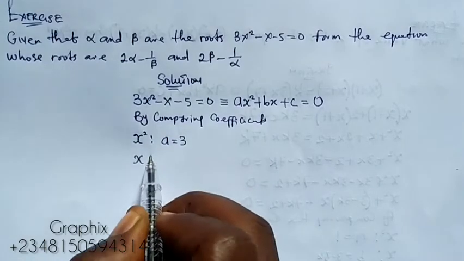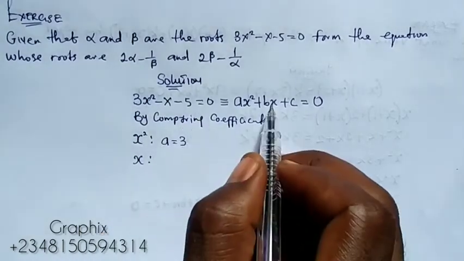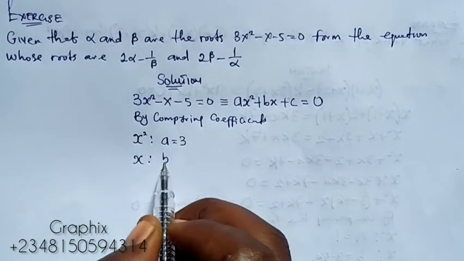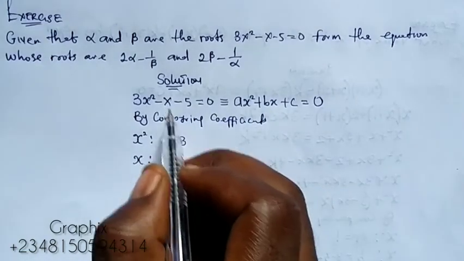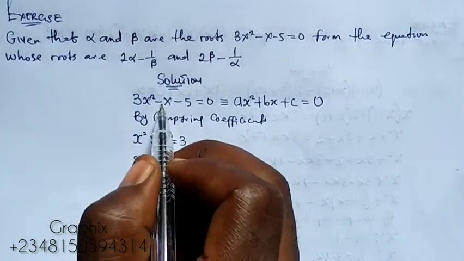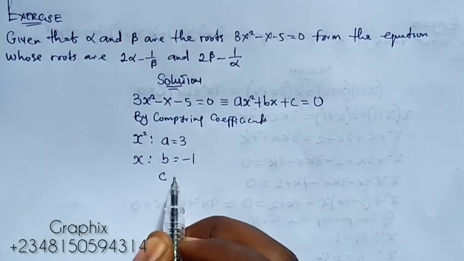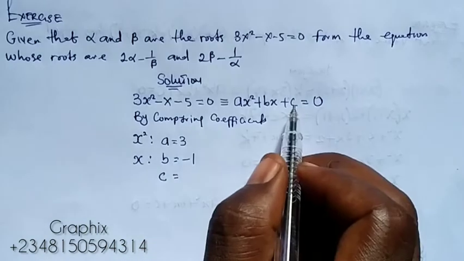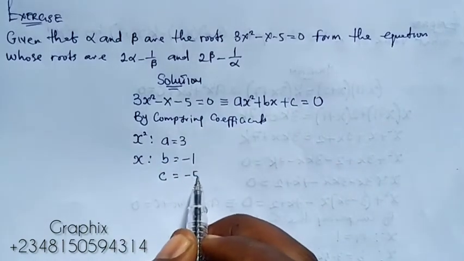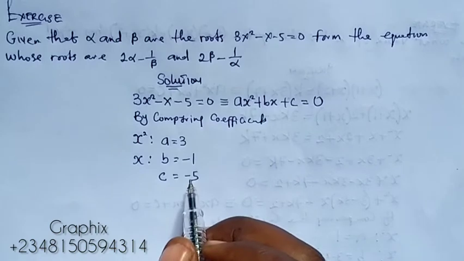And for x, we also notice that the coefficient of x here is b, and the coefficient of x here is minus 1. The 1 here is silent. Then for c, which is a constant, we report that it is minus 5.